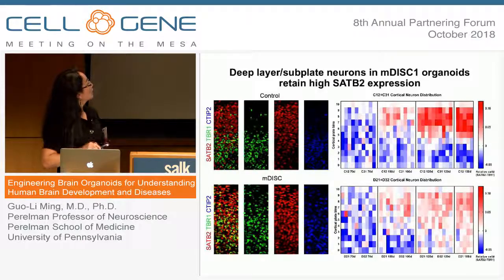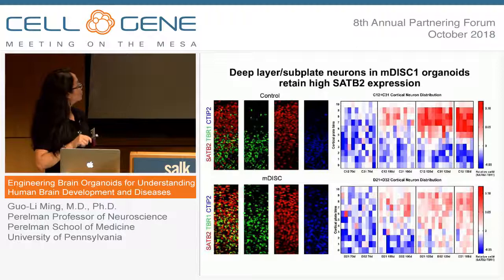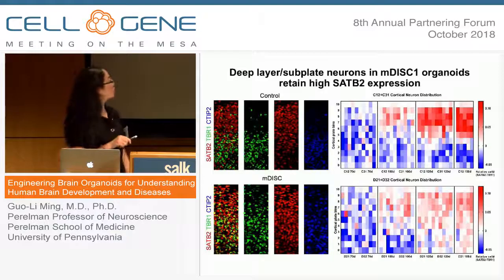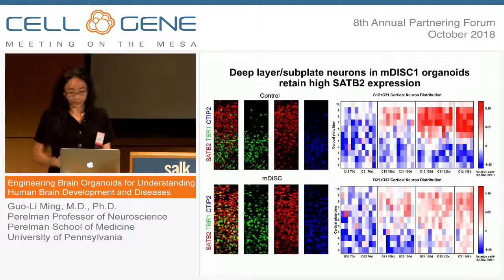There's a decrease of SATB2 expression in deep layer neurons while there's increased expression of SATB2 in superficial layer neurons. They mark the separation of the superficial layers and the deep layers. However, in the mutant DISC1 line organoids, you don't see this clear separation. The deep layer neurons still maintain high expression of SATB2.